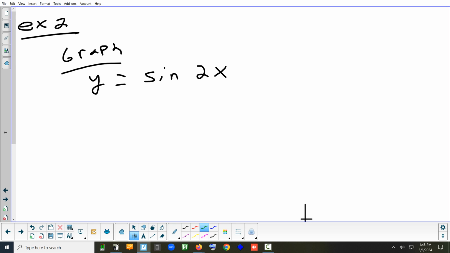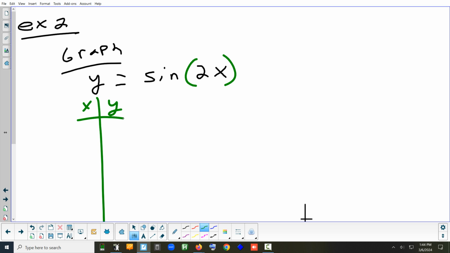You have to tell me two things. Yep. It's multiplication, and it's inside the parentheses. And it would be inside the argument. Okay, they don't have parentheses. You don't need the parentheses. But it is multiplication, and it's inside. If it was multiplication outside, that'd be different. But it's inside. Okay. So we know that it's going to be a period change.